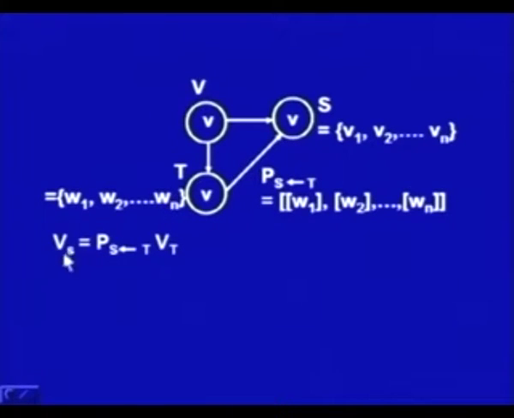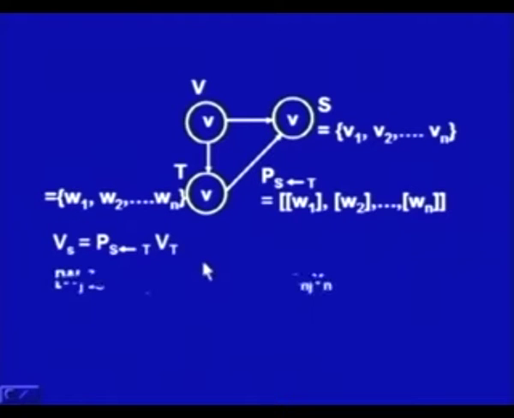Then the relationship between Vs and Vt, this we have derived in my last lecture, is Vs is equal to Pst, a matrix, multiplied by column vector Vt.